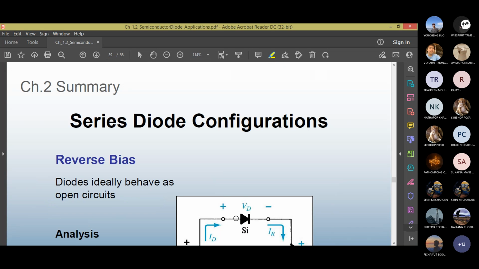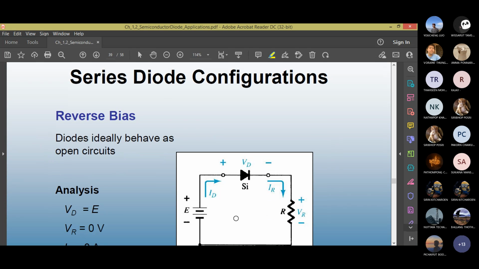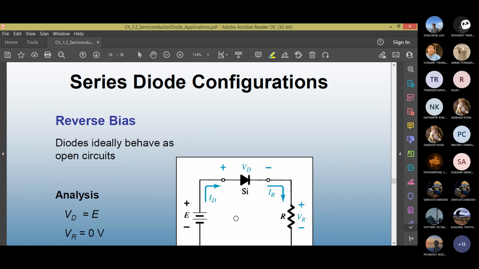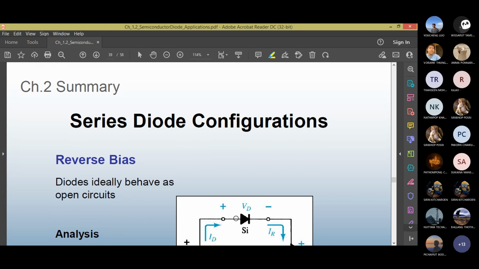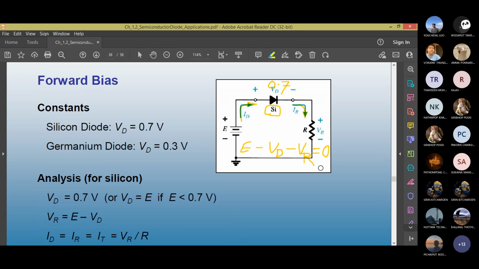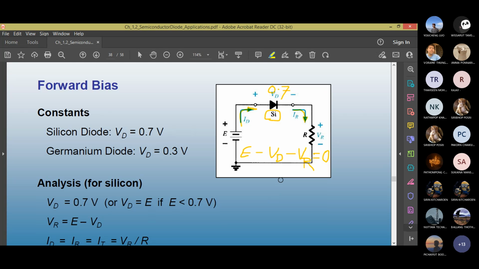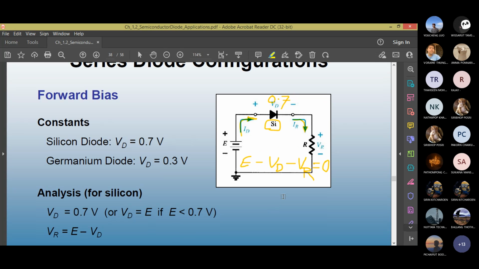Now I think this slide is a bit wrong. It says reverse bias, but it is giving you a forward bias diode. From this equation, you can see E minus VD minus VR is 0. Later on, we'll do further analysis.